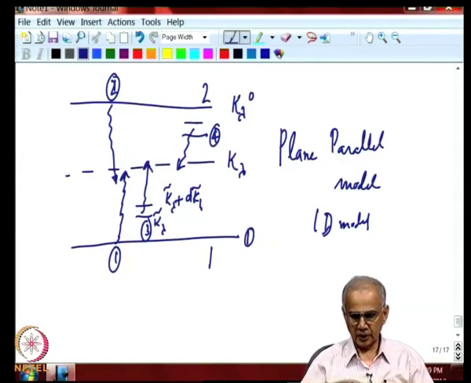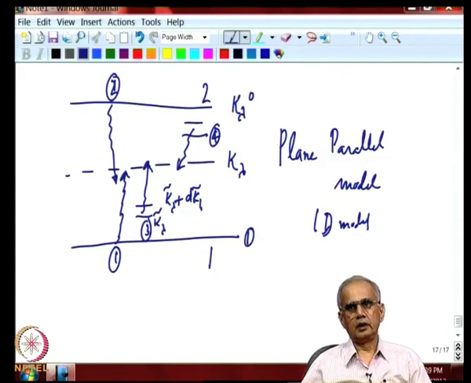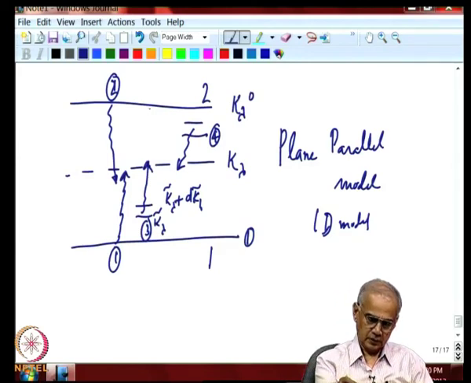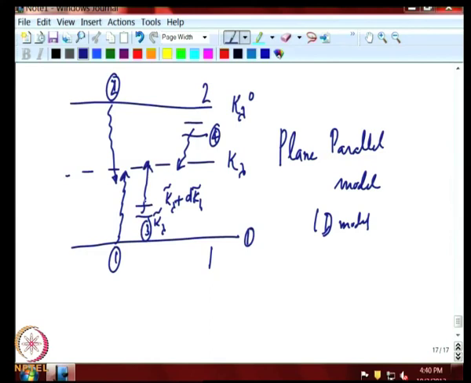So, this is an approximation which is all right as long as the distance between the plates is large compared to the length of the plates, in which case we can neglect what is happening in the ends. So, we have a simple plane parallel model.